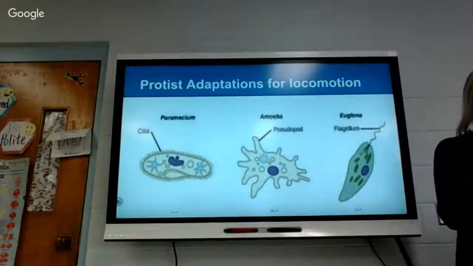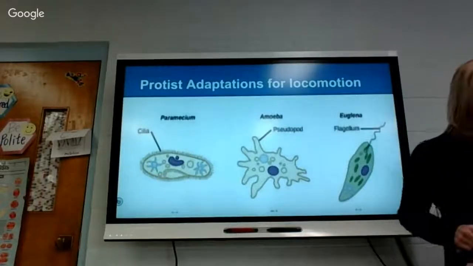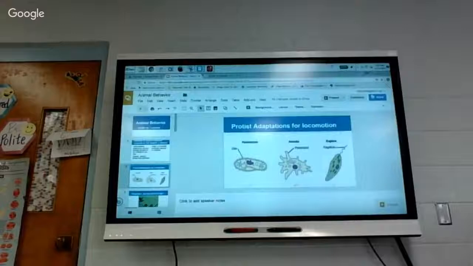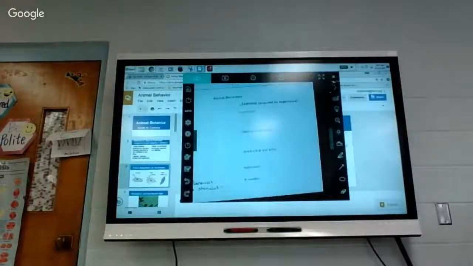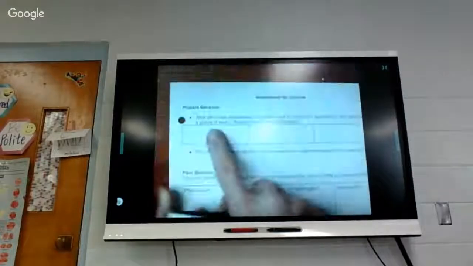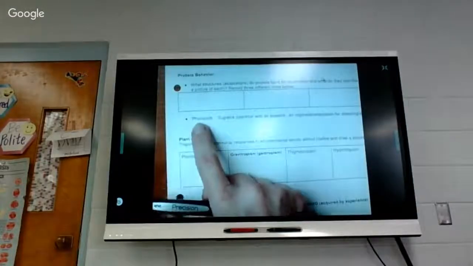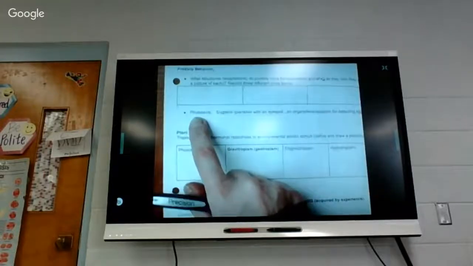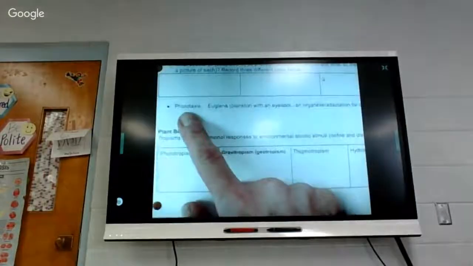All right, the next one, phototaxis. So if we look at that, what does photo mean? Like a picture? I'll come back to that. But what is photosynthesis? Or what do you have to have, we said, in order to take pictures?